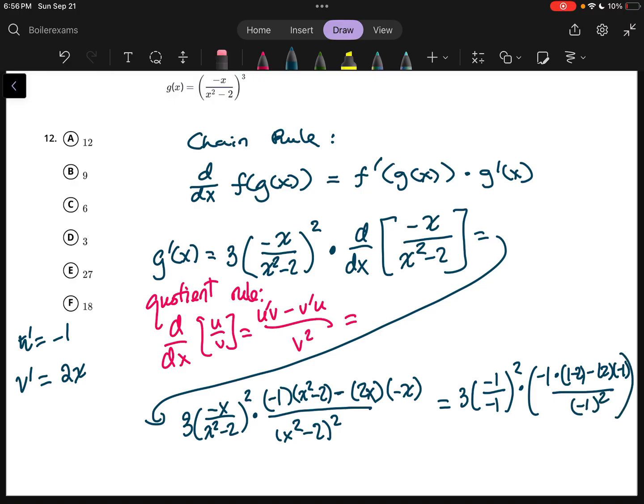Okay, that's a lot of negative 1s and 1s. If we do all the math, this becomes 3 times 1 minus negative 2, which becomes 3, divided by 1, which equals 9. And yes, that is the correct answer. The answer to 12 is B.